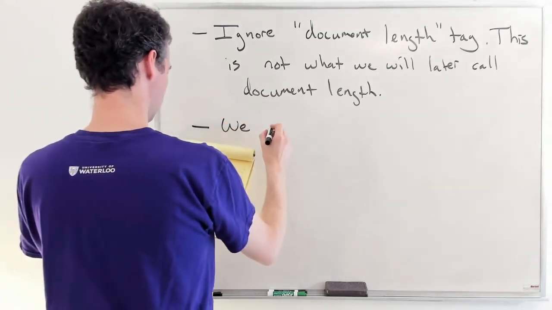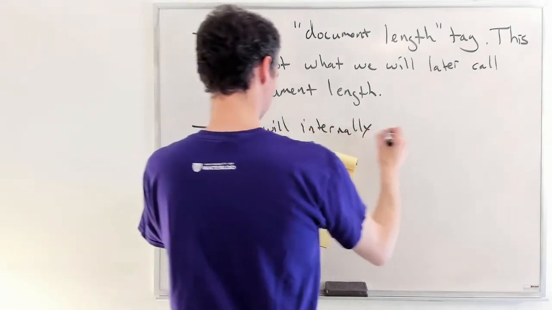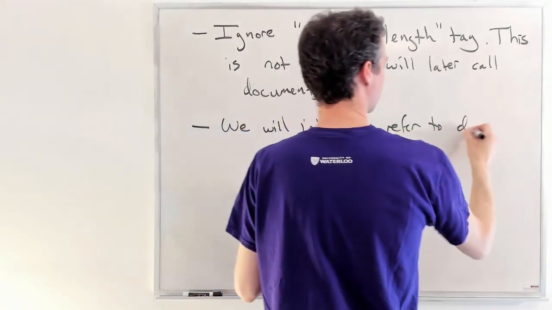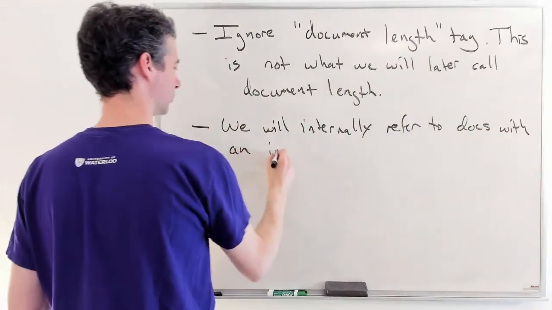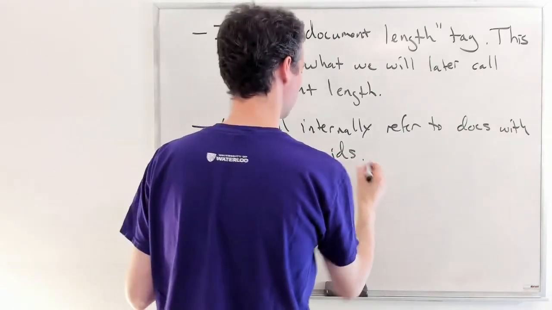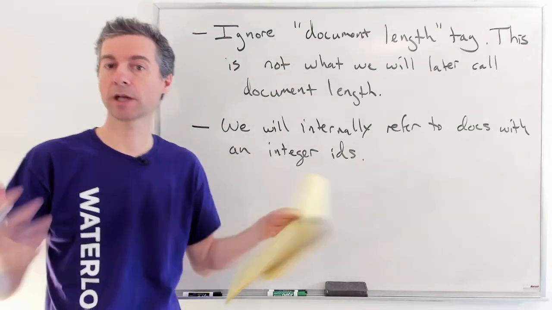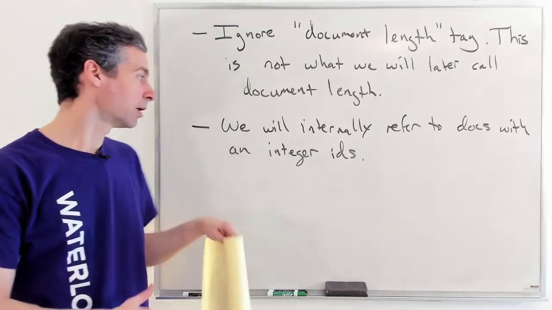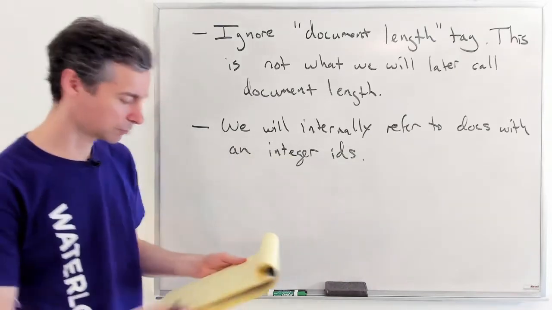So again, I've been talking about this, that we will internally refer to docs with an integer ID. Store integer IDs, okay? The first document you process, make it document 1 or document 0, depending on whether you count from 0 or 1. Then the next document you process, increment that, and so on.